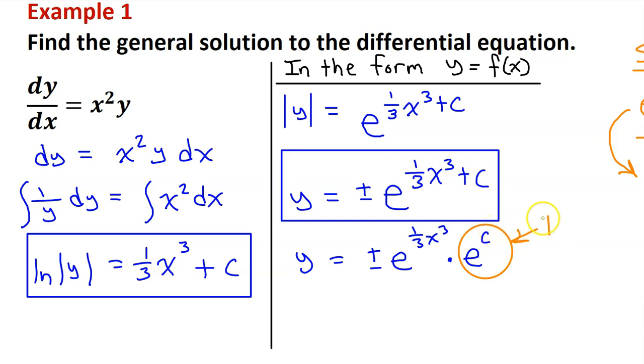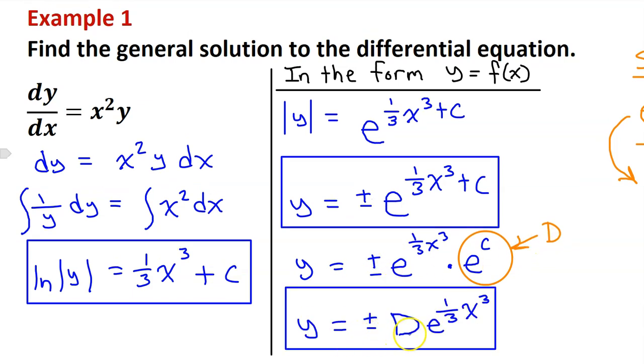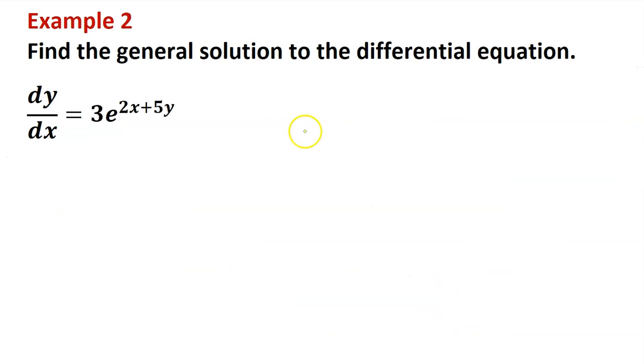Let's call it d, and I'm going to put that d here in the front. So another version of the answer in the form y equals f of x is y equals plus or minus d times e to the 1/3 x to the third power.